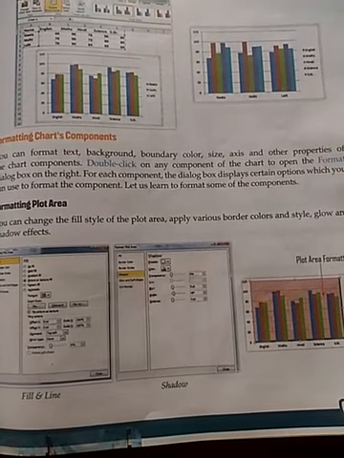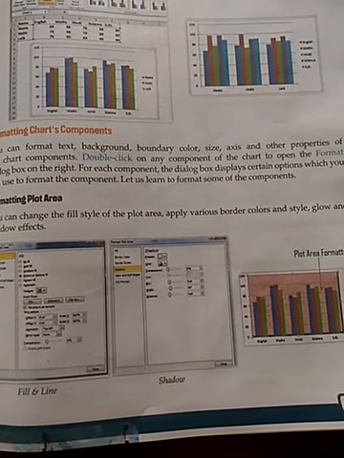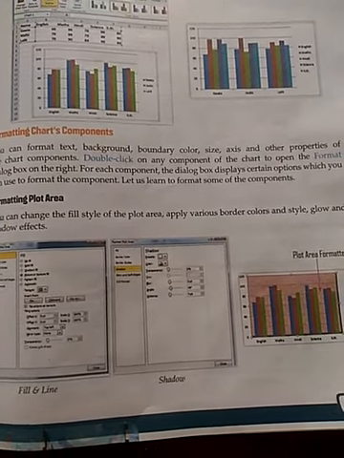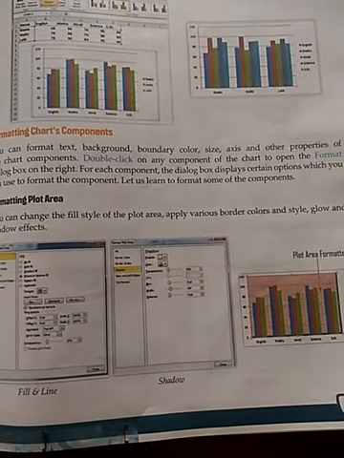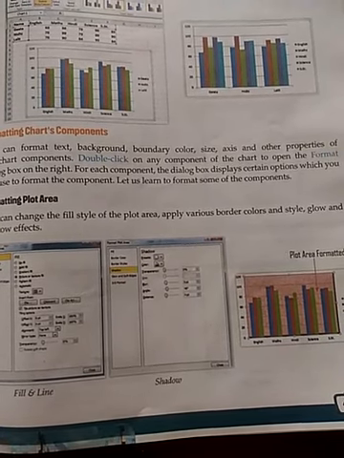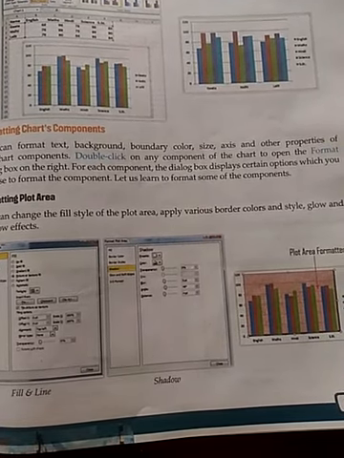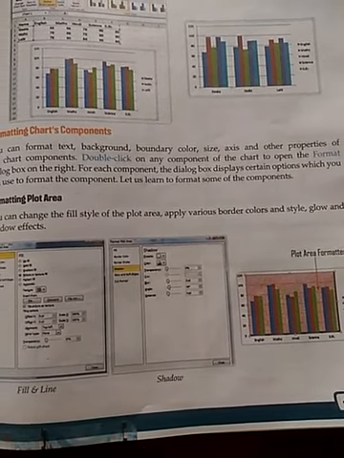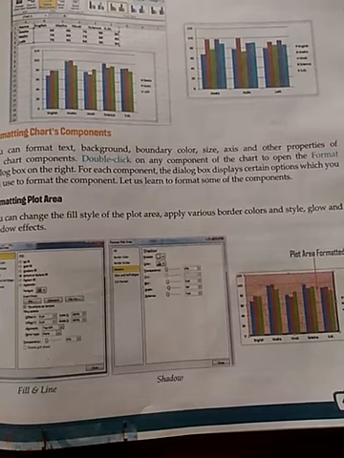If you want to change the x-axis, then simply double click on the x-axis. If you want to change the y-axis, then double click on the y-axis. If you want to change the title of the chart, then by double clicking the title of the chart, you will be able to format the different components.